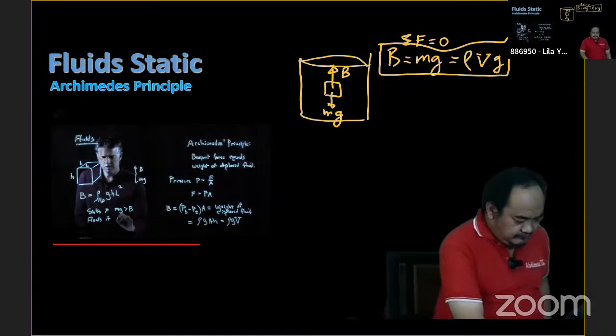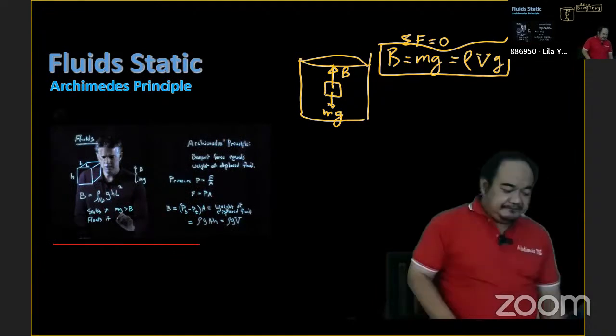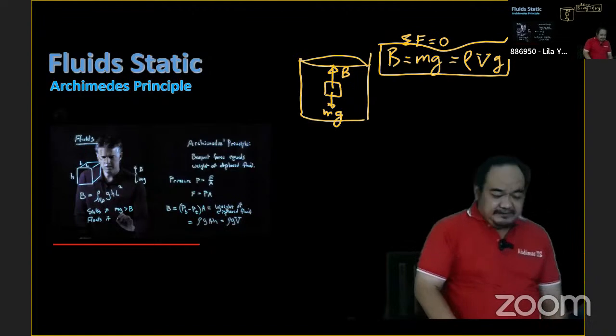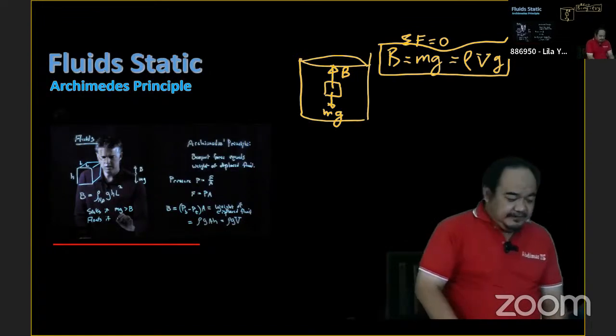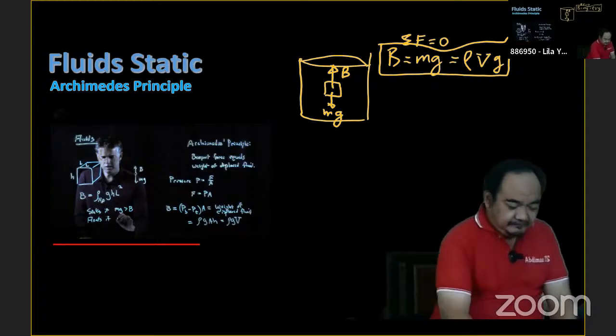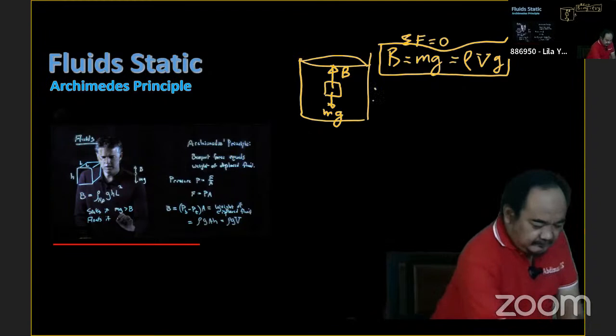Now, please pay attention by looking at this video. From the derivation in the video, we get the buoyant force is rho G V, or rho V G. The buoyant force is rho V G, V is volume.